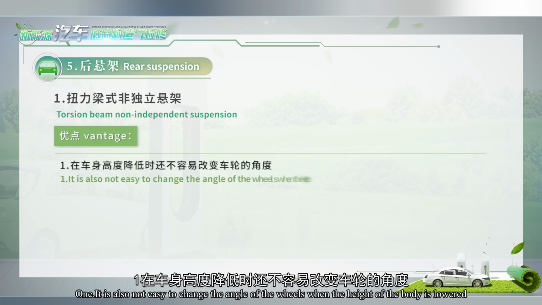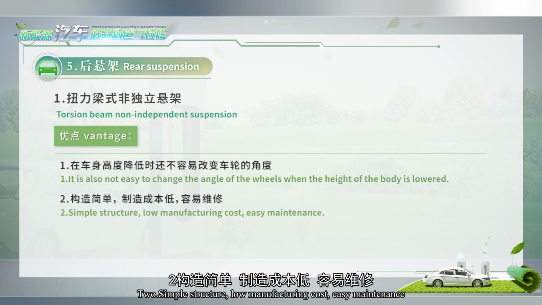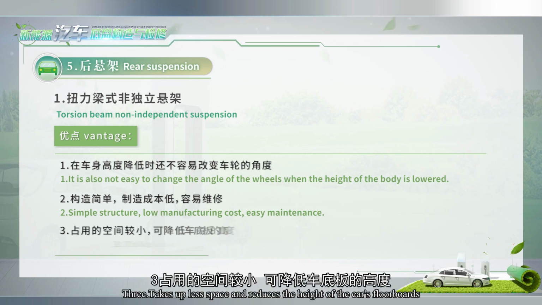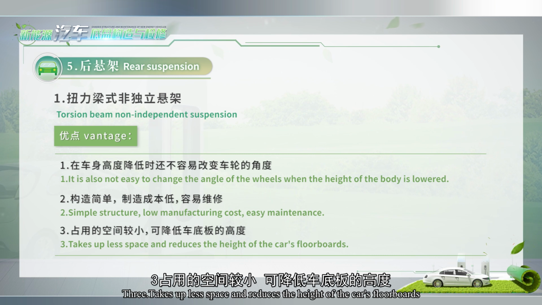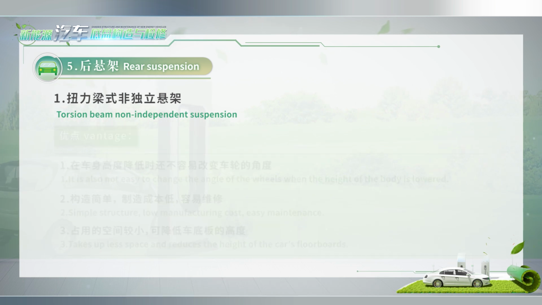Advantages: 1. It is not easy to change the angle of the wheels when the height of the body is lowered. 2. Simple structure, low manufacturing cost, easy maintenance. 3. Takes up less space and reduces the height of the car's floorboards.